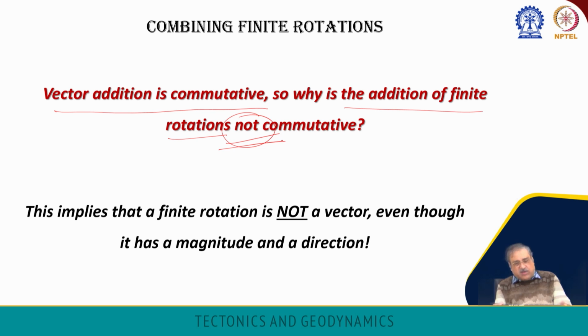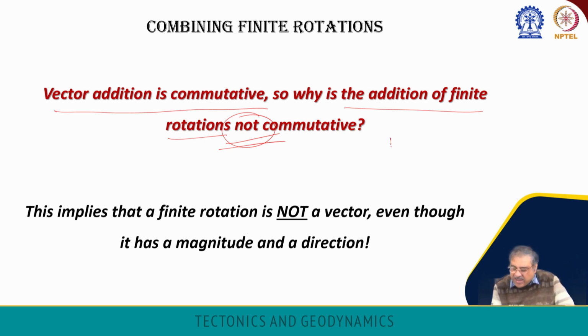It seems to be identical things that we are doing when we are adding angular velocities and finite rotations, and yet I showed you that in the case of finite rotations we cannot apply this, because when we do this we see that the sequence in which we add them is important. Now this commutative property is not a property just of angular velocities.